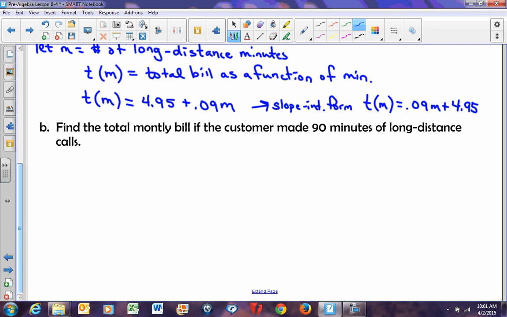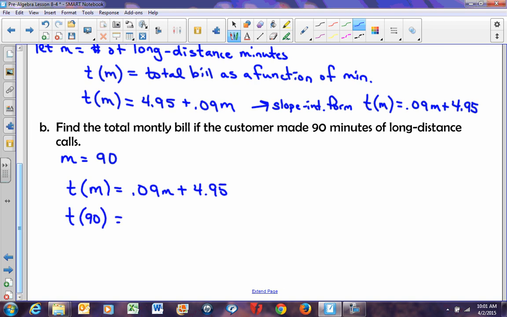All right, now we're going to find the total monthly bill if the customer made 90 minutes of long-distance calls. So simply put, 90 minutes of long-distance calls means substitute in 90 for m. M suddenly becomes 90. So in the equation, T of m equals 0.09 m plus 4.95, T of 90, for 90 minutes, is going to be 0.09 times 90 plus 4.95.